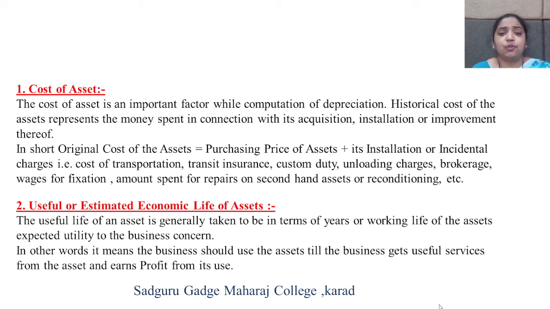Second is useful or estimated economic life of an asset. Now the useful life of an asset is generally taken to be in terms of years or working life of the asset. Expected utility of the business concern. In other words, it means the business should use this asset till the business gets useful services from the asset and earns profit from its use.